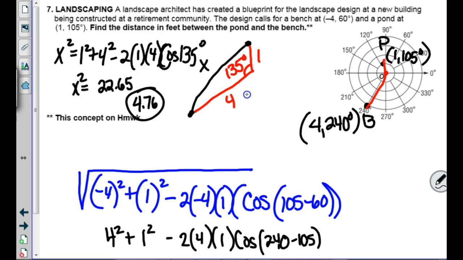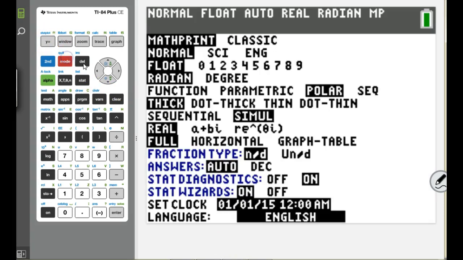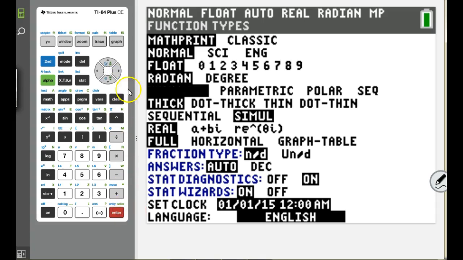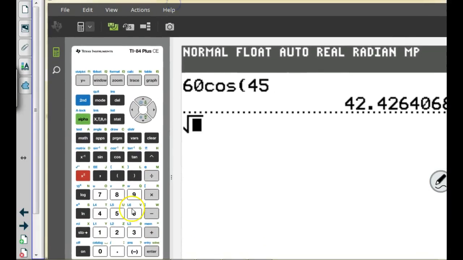I'm going to try typing these other crazy ones in and see if I get the same thing. Here, I'll even do it on here. Okay. Mode. Degrees. The first one had a square root. And then what did it say, guys?